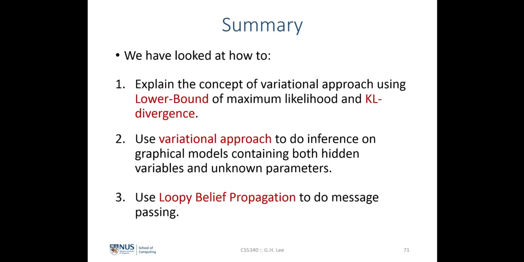Then we made use of this variational inference approach to do inference on graphical models that can contain both hidden random variables as well as unknown parameters. Finally, we introduced the loopy belief propagation algorithm, which is a simple algorithm that can do message passing on a graph that contains loops.